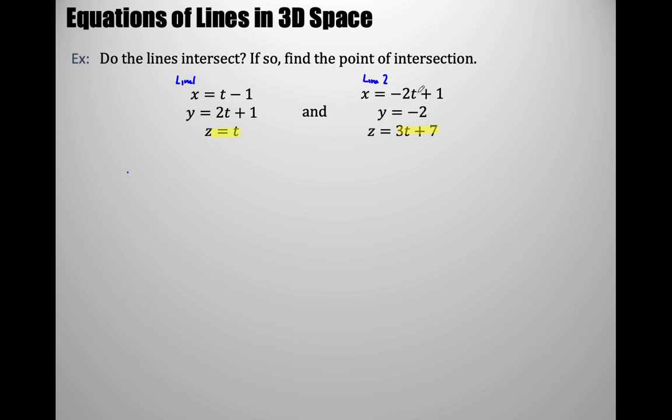And again, to try to keep things straight, I'll make my t's into s's, just to keep the two situations different. I'm going to set these two equal to one another. Kind of like instead of solving a system, solve by substitution, and say that t must be equal to 3s plus 7.